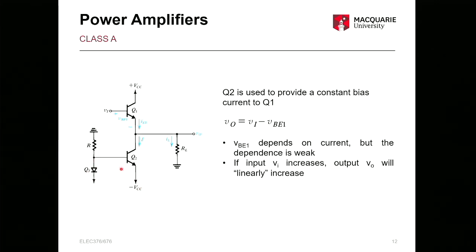We have a VBE drop here, but as temperature changes in our circuit, it's going to also change for that diode, which will stabilize things so that it will remain the same voltage at the key points of the circuit. So you can add components like that just so that they work in parallel and reduce that temperature dependence, which is one of the key things for power amps.